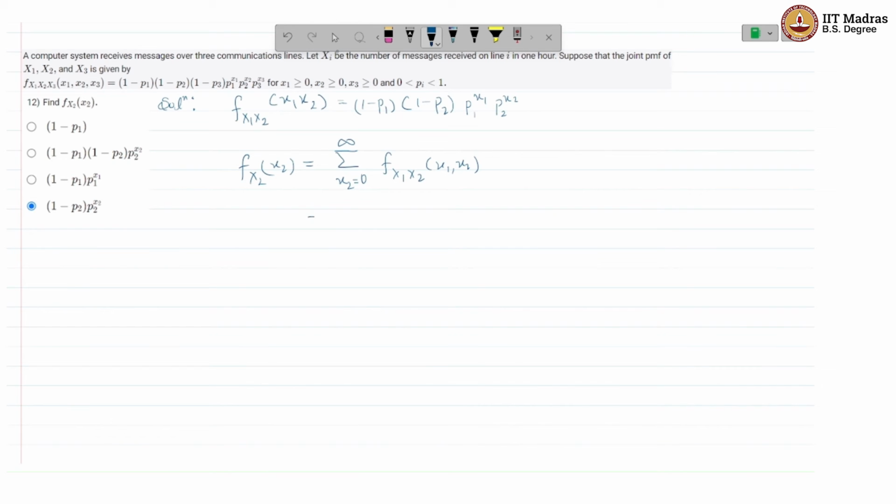Now simply putting the PMF, we will get summation x1 from 0 to infinity, (1 minus p1)(1 minus p2) p1 raised to the power x1, p2 raised to the power x2.